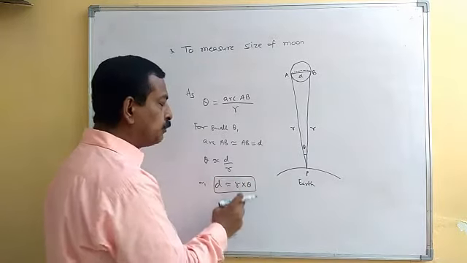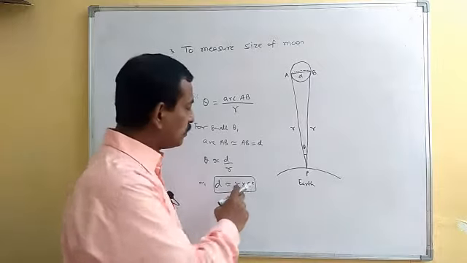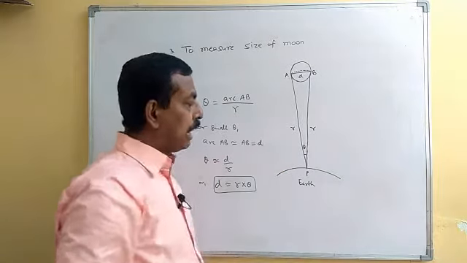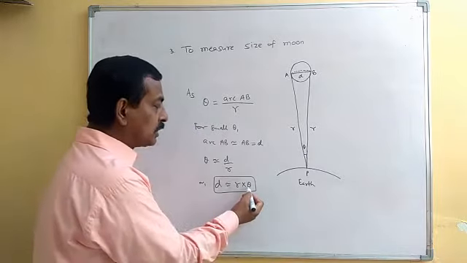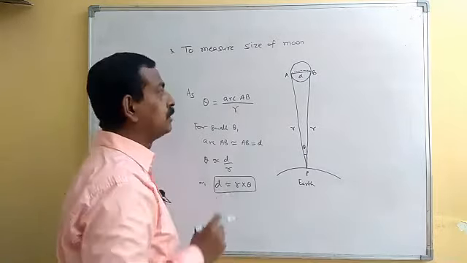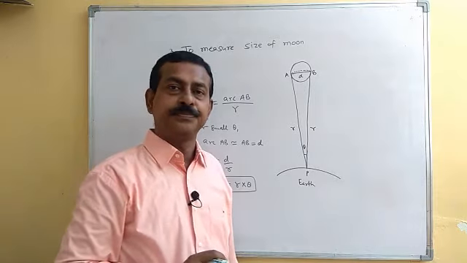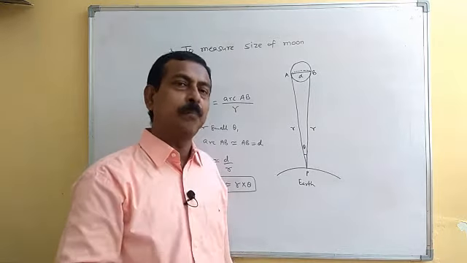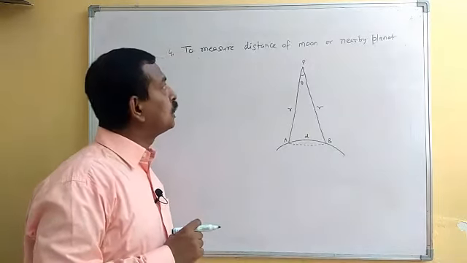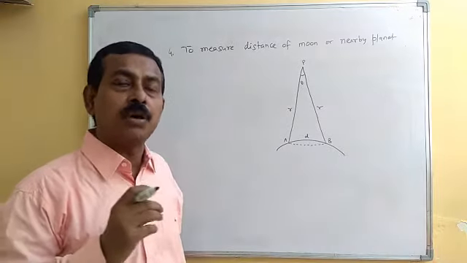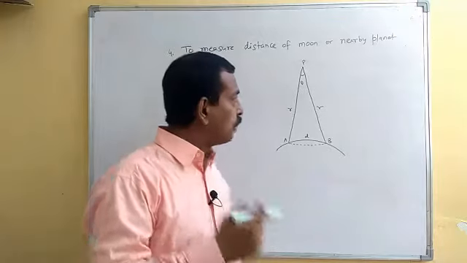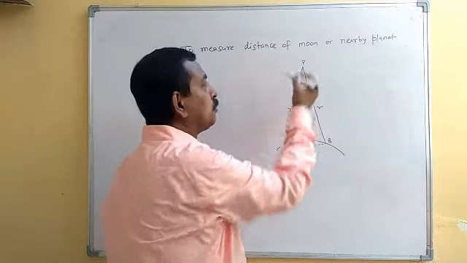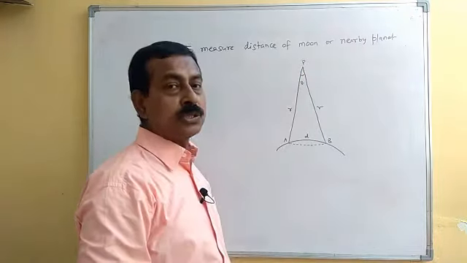So if you know the distance between the moon and the point of observation, or say from Earth, and the angle subtended, we can find the size of the moon or any nearby planet. Now suppose we want to measure the distance of the moon or any nearby planet. So for that, this is suppose the point whose distance we want to measure.